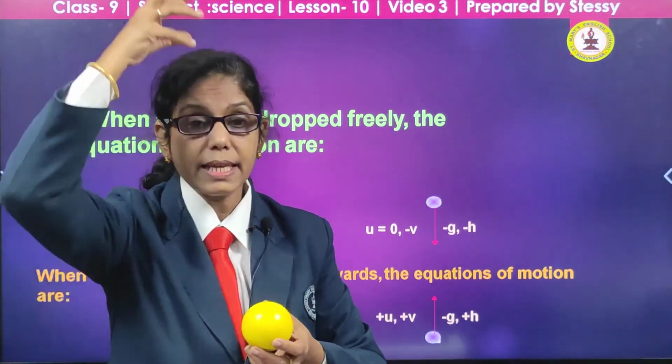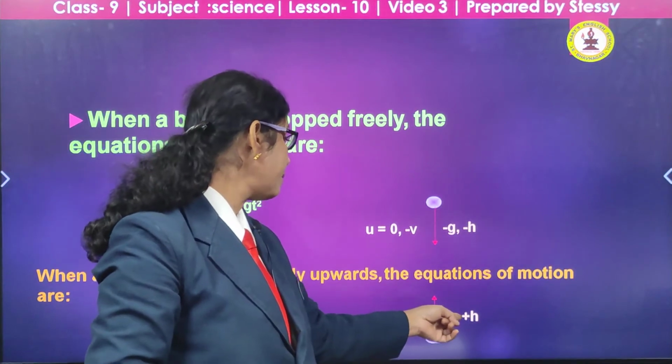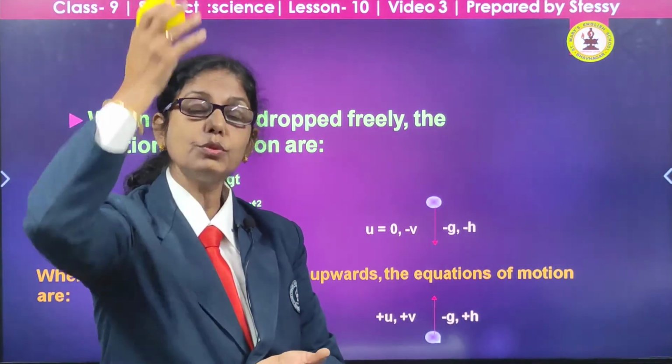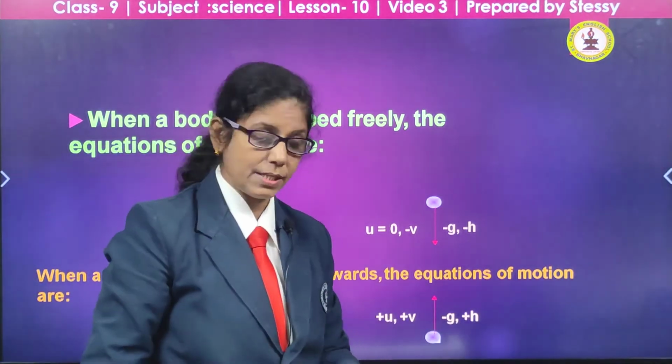The direction is against gravity, so g is taken as minus g, and height h is measured from the ground level upward. So s will become plus h.